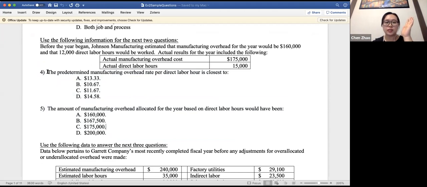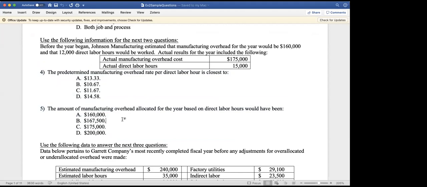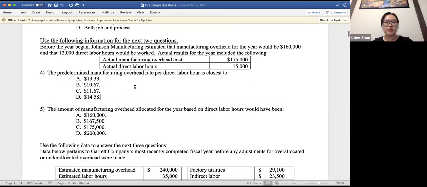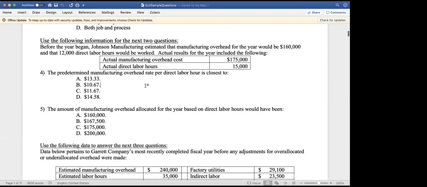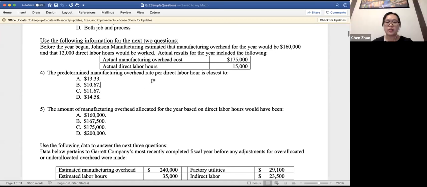It's very straightforward. Question 4 is how to do the overhead rate, and question 5 is how to do an allocation. Do you want me to go through this question? Can you go through it really quick? Okay, thank you. So question 4 is the predetermined overhead rate, okay, let's do it.